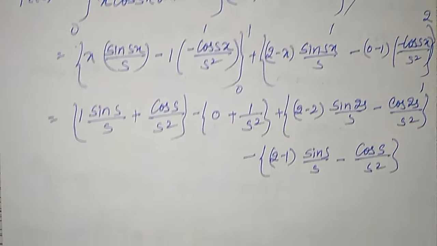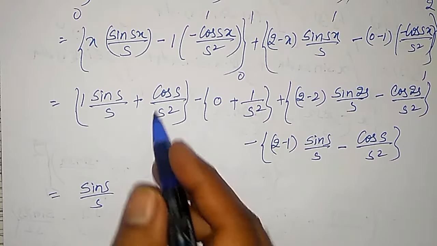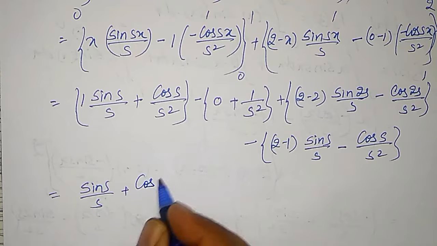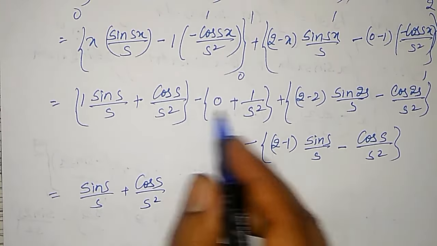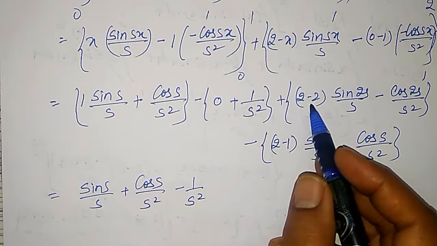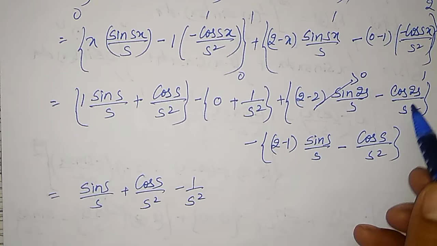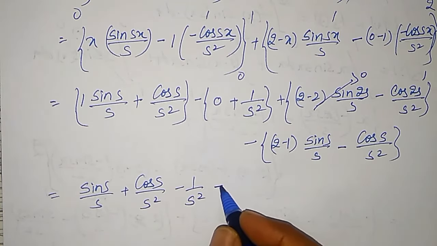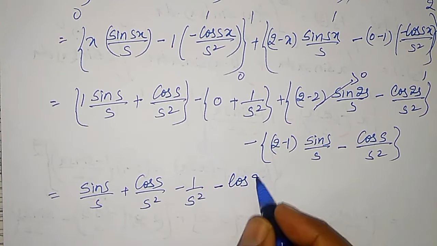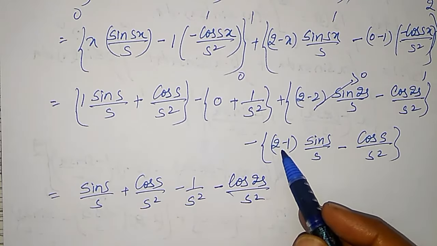Let me simplify them. That is, I am going to get sin s divided by s for the first term. Next, plus cos s divided by s square and minus 1 by s square here. Here 2 minus 2 will become 0. Okay, then it will become minus cos 2s divided by s square. And what about this?